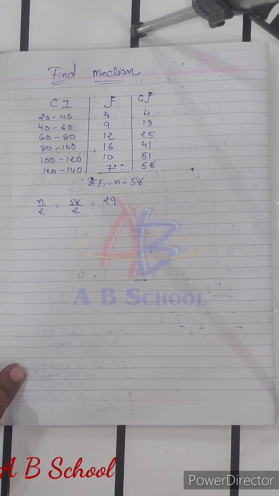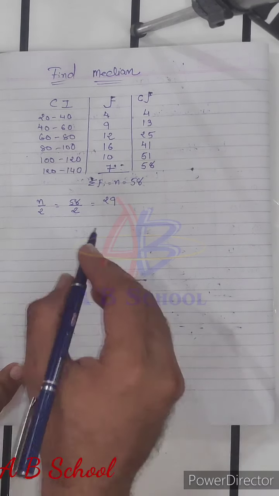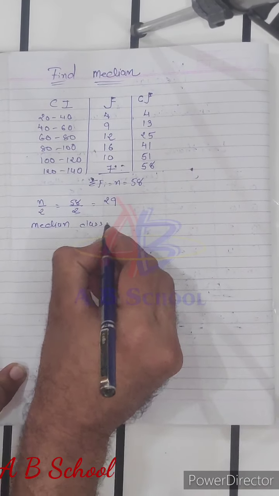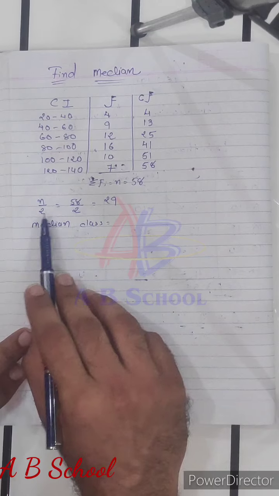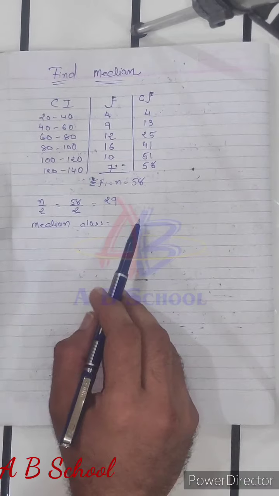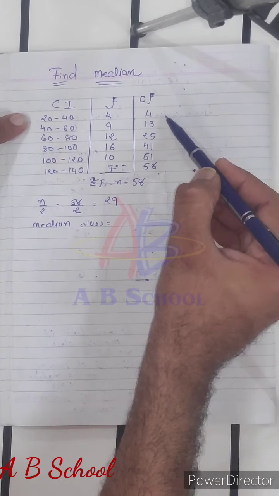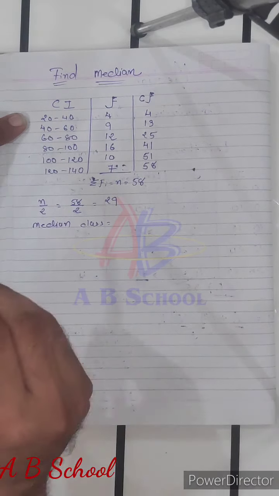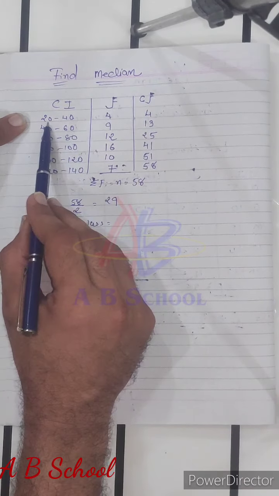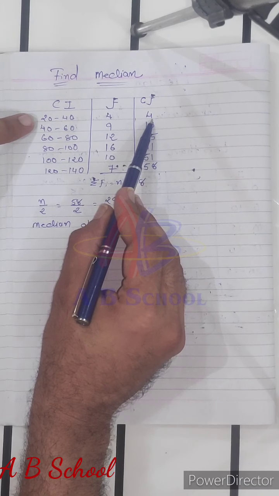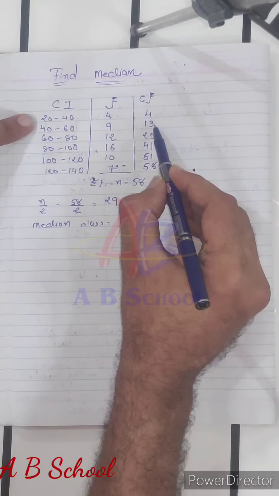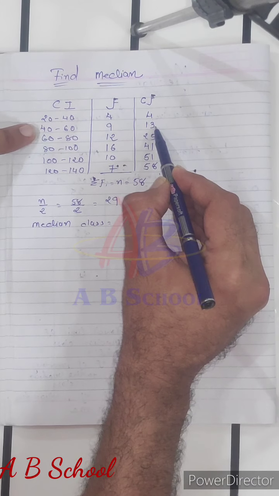From this 29, I'll come to know about the median class. Understand this very carefully. This n by 2, 29, should lie in the median class. Let us see the cumulative frequency. Students 1 to 4 lie in the 20 to 40 class. The 5th to 13th students are in the 40 to 60 class.